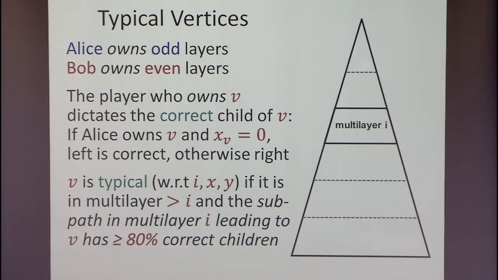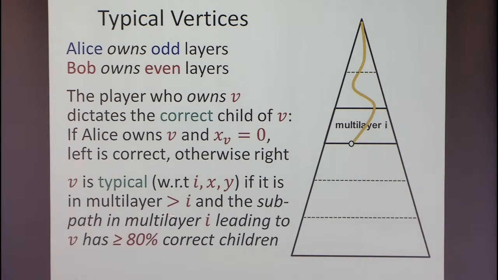And then the important definition was of a typical node, where we said that a node is typical, so you need to fix I, x, and y with respect to the multi-layer and to inputs. So it's typical if it's in a multi-layer that is after multi-layer I. So let's take this guy, suppose that it's just after multi-layer I, but it can be anywhere in here.